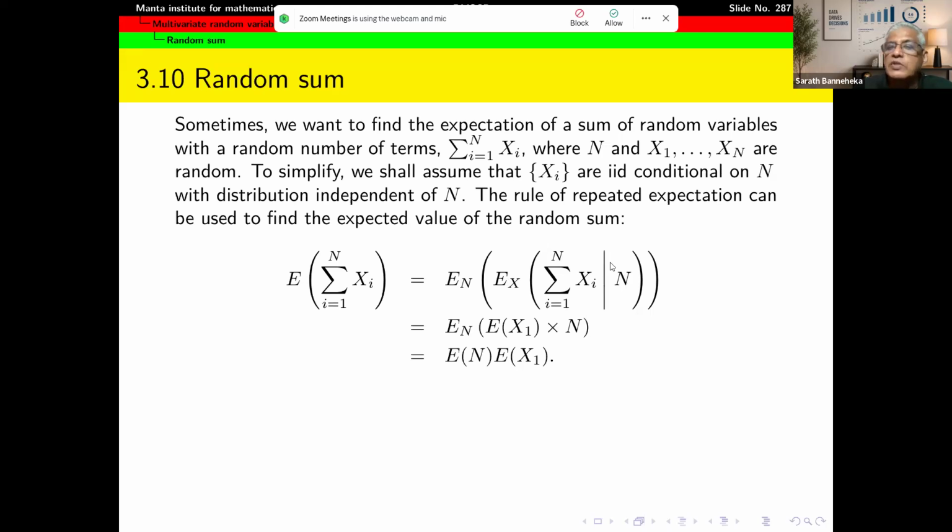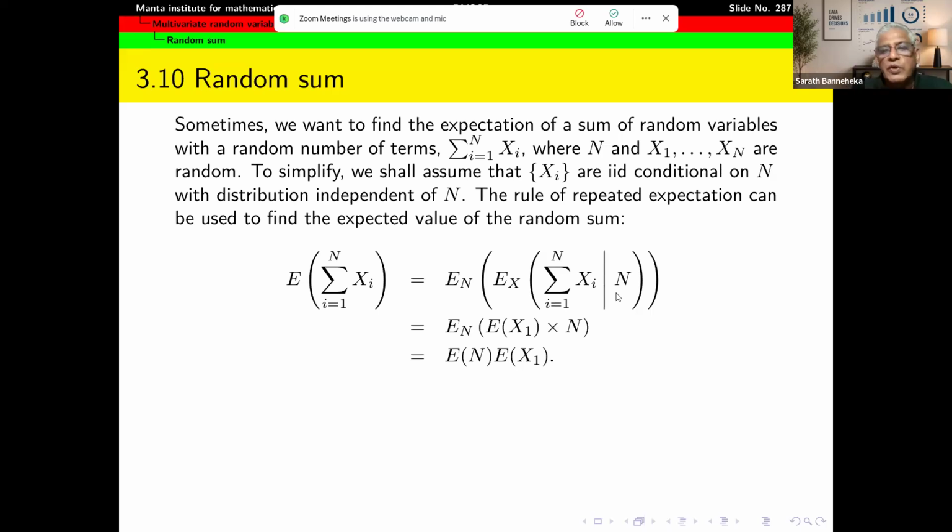This quantity will now be a function of capital N, so we take its expected value considering N as a random variable. It is just a direct application of the repeated expectation formula.